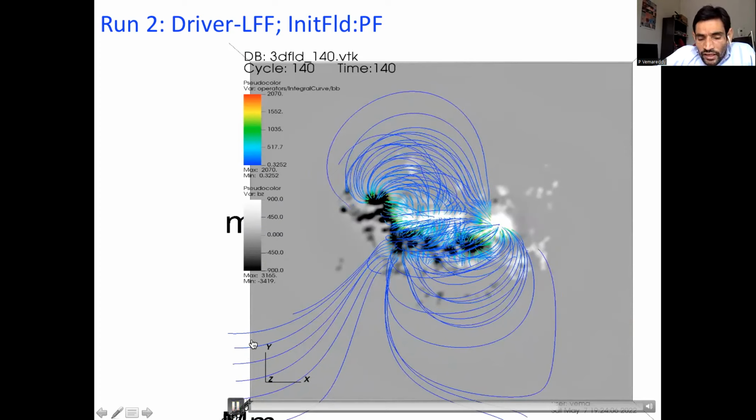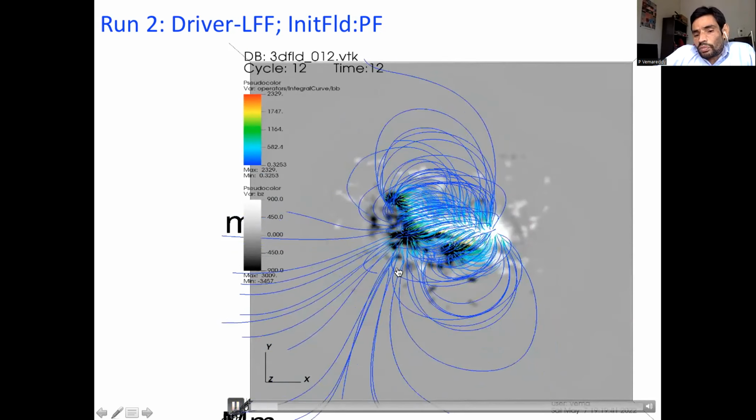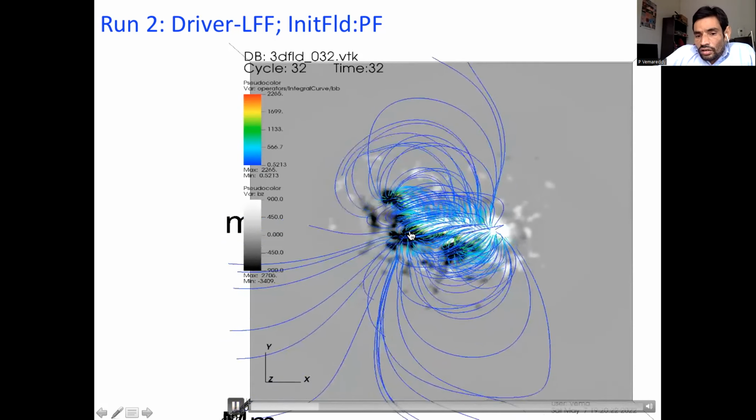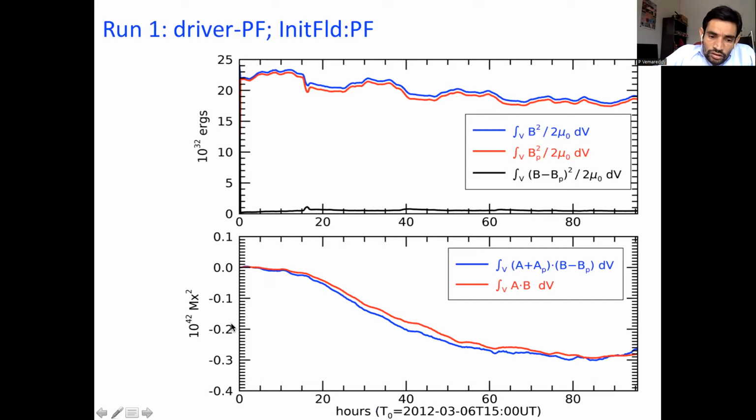The difference clearly exists between the first run and the second run, but it is not sufficient to give a large scale eruption, which is not seen here. Coming to the metrics, the coronal helicity is 100 times more than the earlier case. The A dot B values here are of the order of approximately 6, whereas in the earlier case it is 0.2 on average.